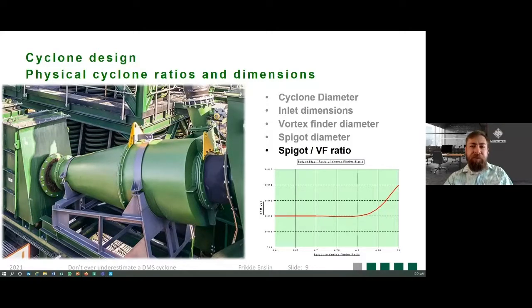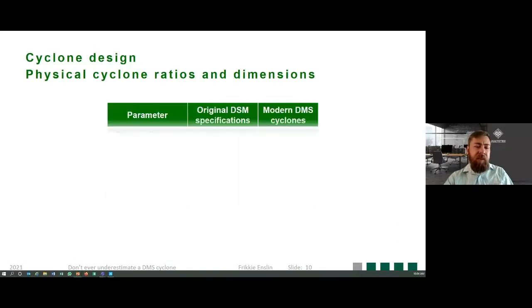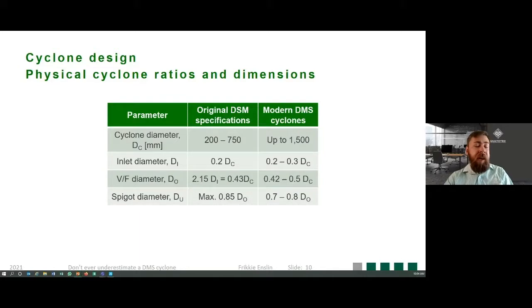All right, so let's have a look at a summary of some of these parameters I just looked at, and compare them to what the guys originally did a few decades ago with the Dutch State Mines. Typically the cyclone diameters available were anything from 200 millimeters to 750 millimeters. And as I mentioned, these days you get huge monsters up to 1.5 meters in diameter.